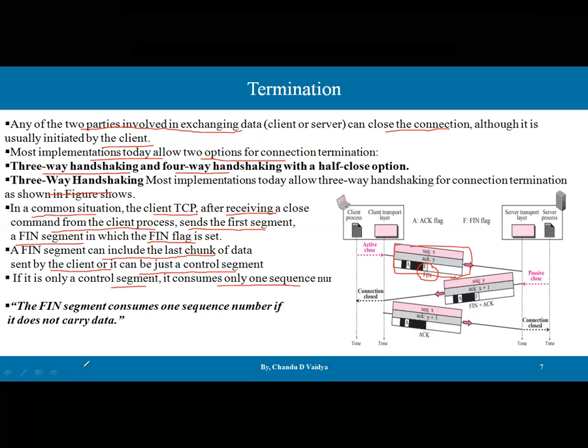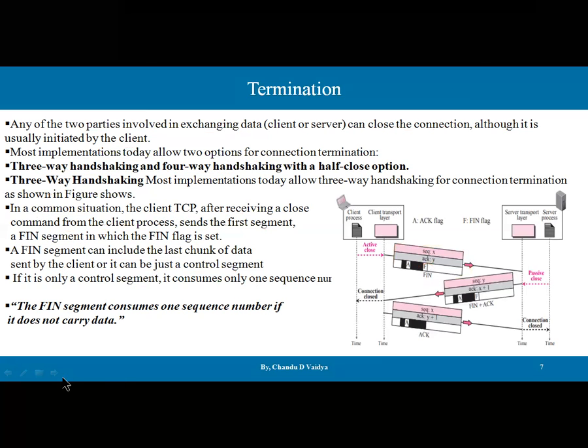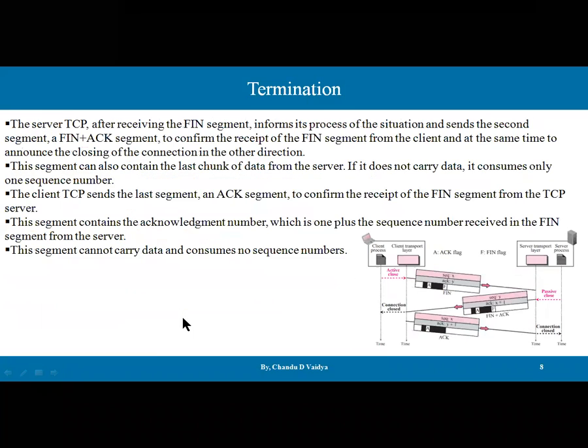Then what happened after this? What will the server do? The server TCP, after receiving the FIN segment, informs its process at the server side of the situation and sends the second segment, called FIN plus acknowledgement.